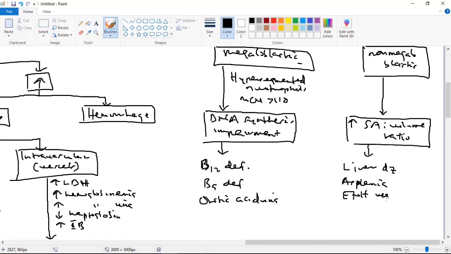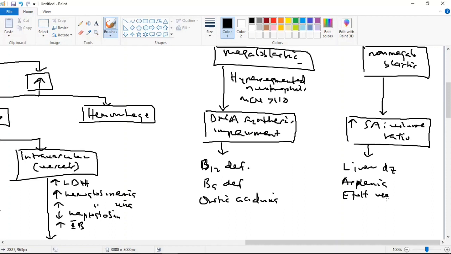An example of an enzyme that will be deficient there would be UMP synthase, or orotic acid phosphoribosyltransferase enzyme. If those enzymes are deficient, orotic acid, one of the intermediates in that pathway, is going to accumulate and be high in the blood and the urine.